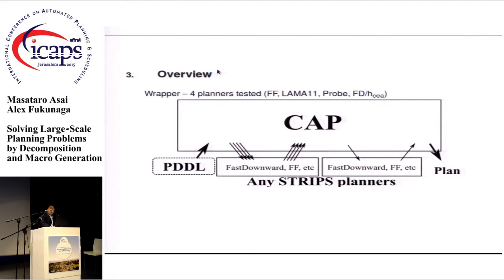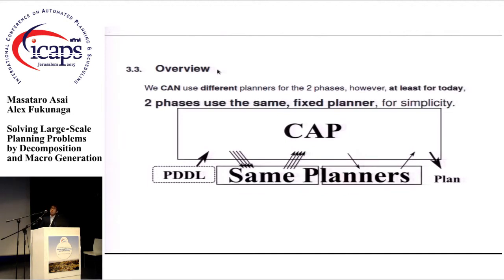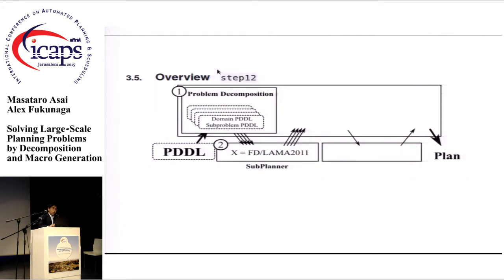In these underlying planners, we can use different planners for each phase. However, in this presentation and in this publication, we always use the same planner for simplicity. For example, we can always assume that these planners are FD Llama 11. A little bit quite old, but it's okay.